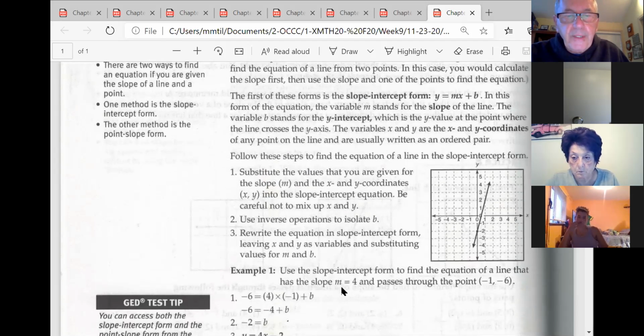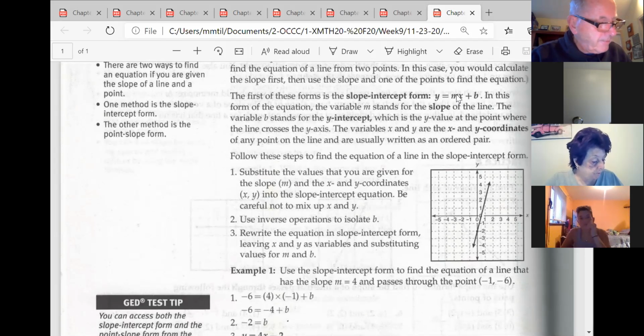So if you go ahead and put this data into this equation here, and I'll do it on the next page. I got to write this down first. We're going to find the y-intercept. I'll show you.